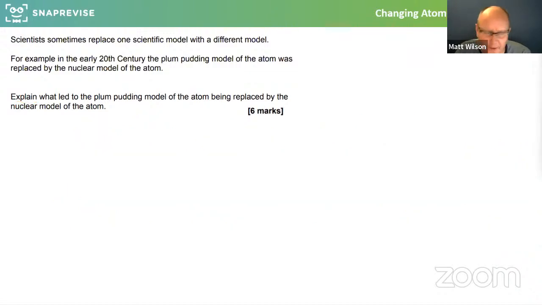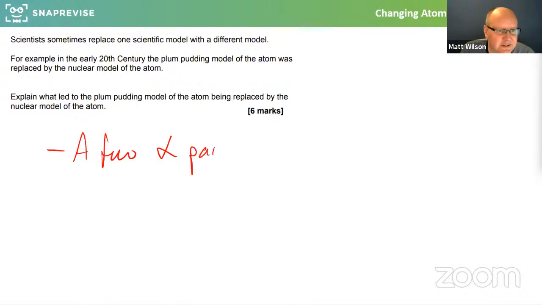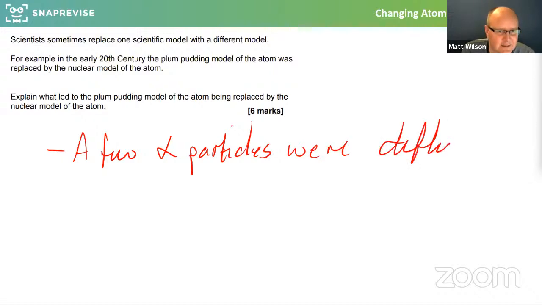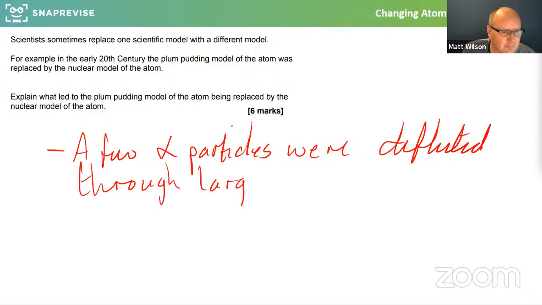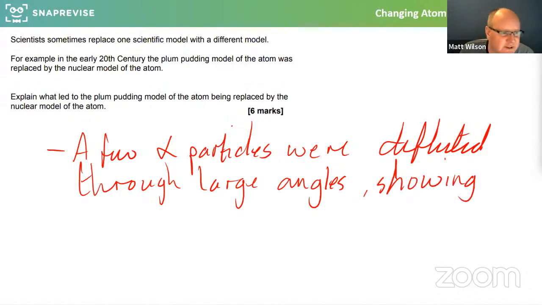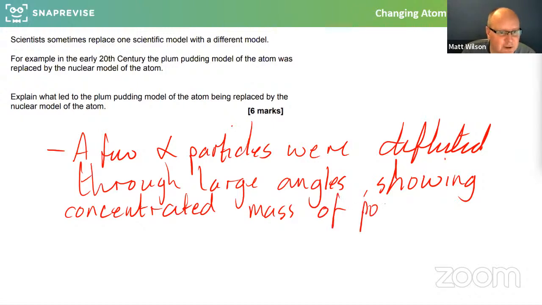Let's extend that a little bit further though. Don't forget, you can download this presentation later, so although I've moved on now, you can go back and review this. You can go on to say that a few alpha particles were deflected through large angles, showing a concentrated mass of positive charge.